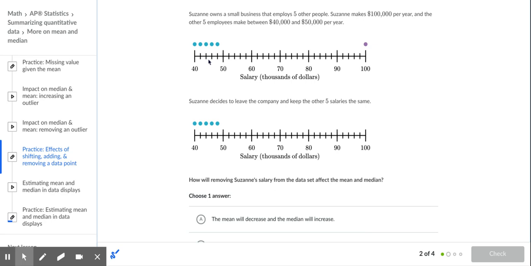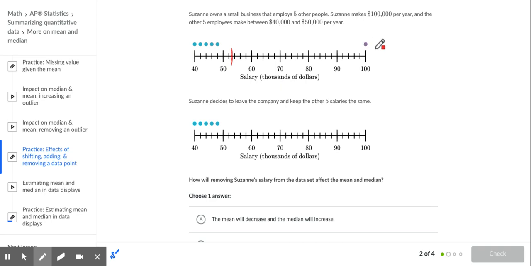So we have 40 plus 42 plus 44 plus 46 plus 48 plus 100, divided by 6. And so 53.3. So our original mean is all the way out here. This is our original mean.